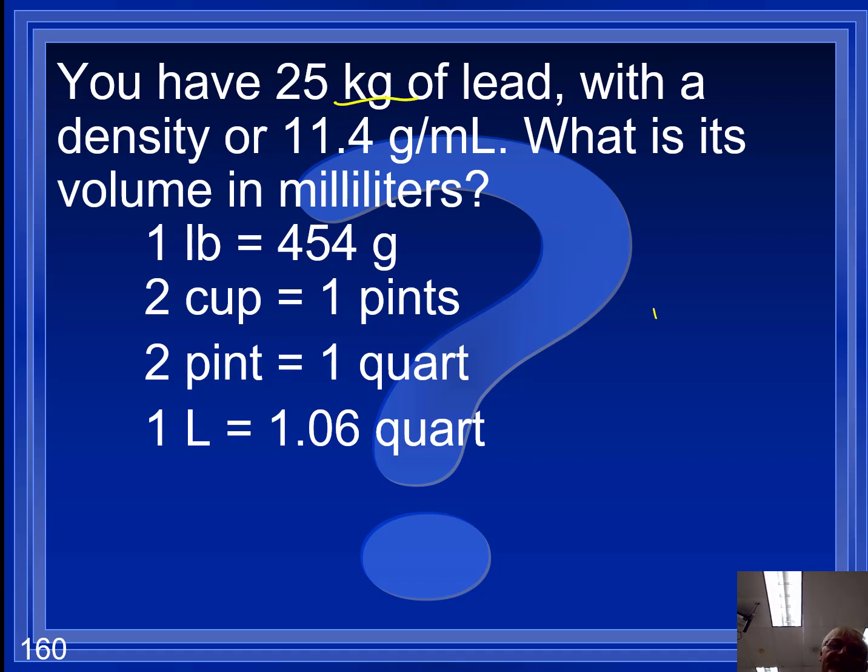So they gave me kilograms and they want milliliters. Can I get from kilograms to milliliters? Well, kilograms I can turn into grams. And then grams I'll be able to turn into milliliters. Okay. So I start off with the 25 kilograms they gave me.